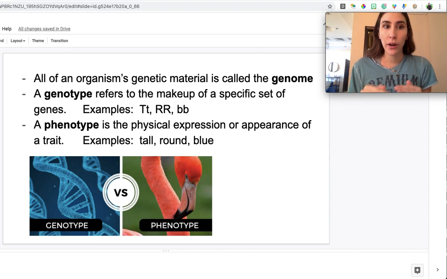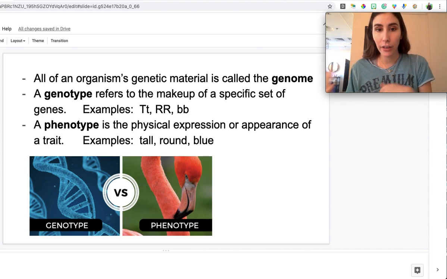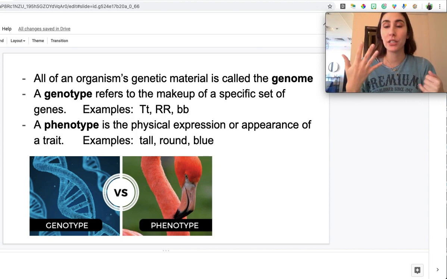Now, these words I want you to pay attention to because we're going to be hearing them over and over again throughout this entire unit. Genotype, and we can see that the word gene exists in this word, is the gene, is the genetic makeup. Phenotype, okay, physical.